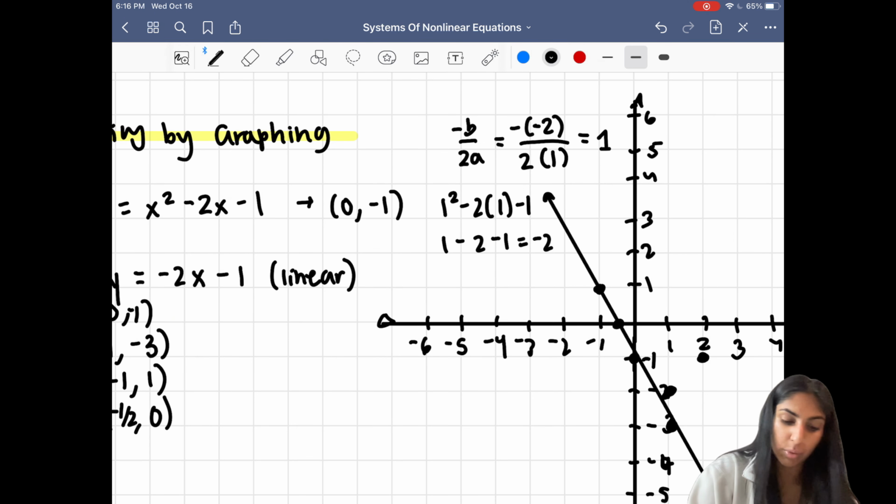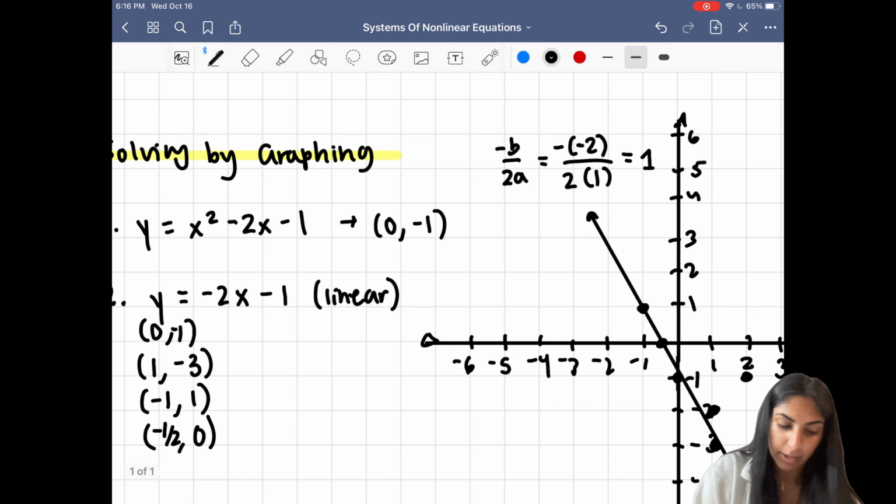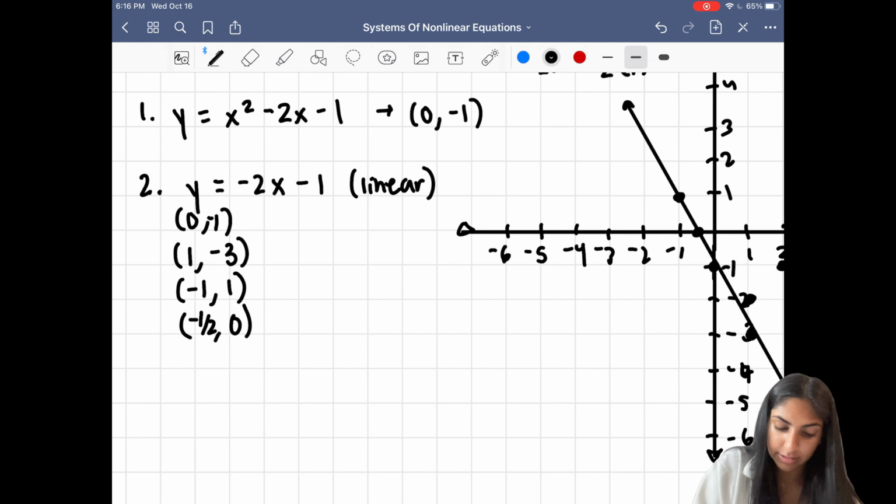Let's plug in one more point so that we can graph our parabola. So let's graph x equals negative 1. So when x equals negative 1, y is going to be given by this equation.